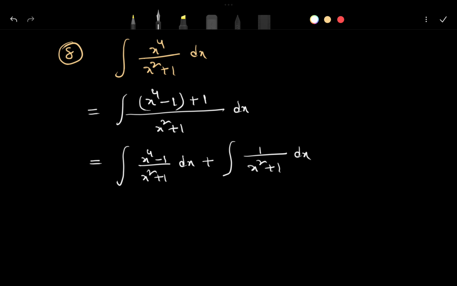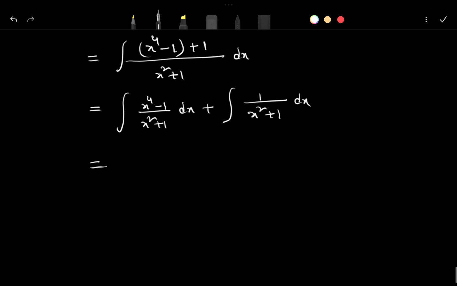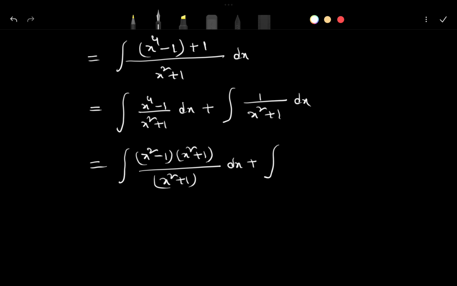Now you see here x to the power of 4 minus 1; very clearly everybody has some idea. We can write it as x square minus 1 into x square plus 1, whole divided by x square plus 1, into dx, plus integration of 1 by x square plus 1 into dx.